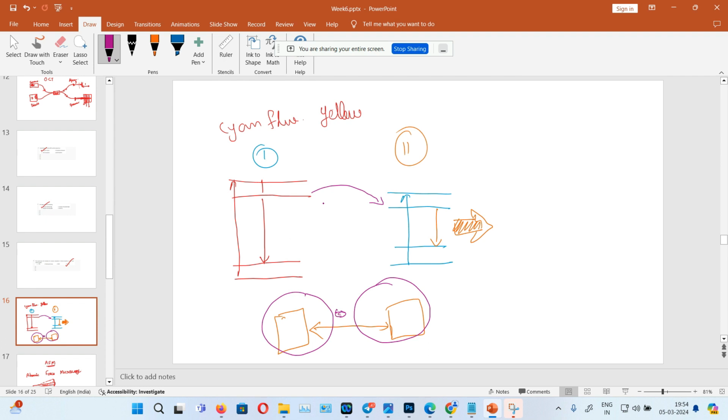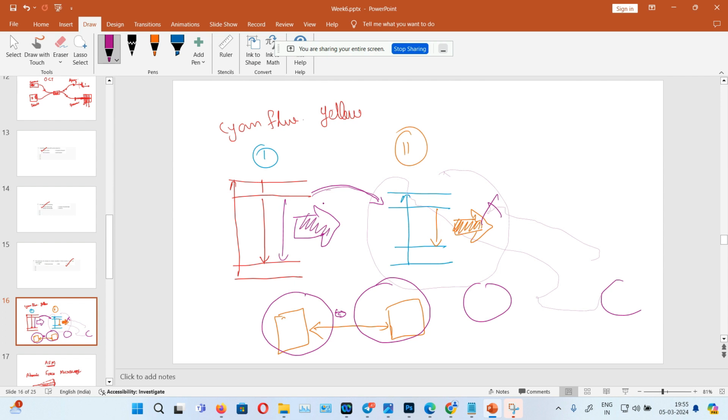If they are very far, what happens? There is nothing to excite this one, so there will not be any yellow fluorescence at all. These proteins are not near to each other, so there will not be any FRET here. If no FRET happens, the cyan light will come out.